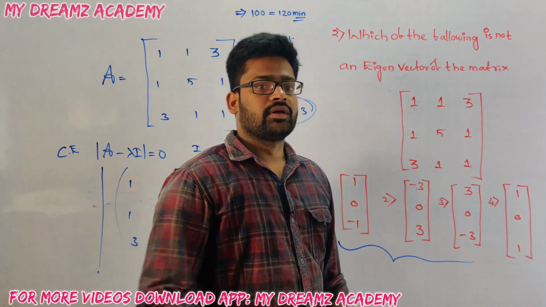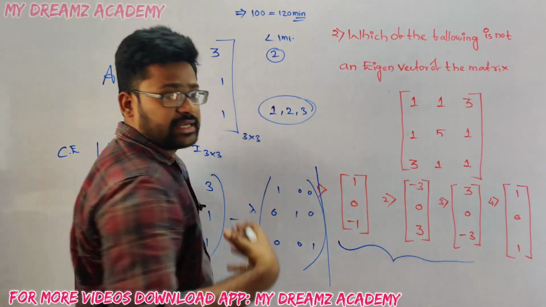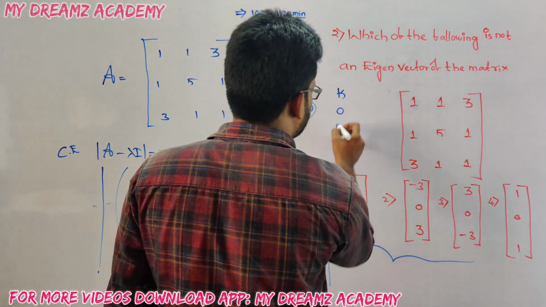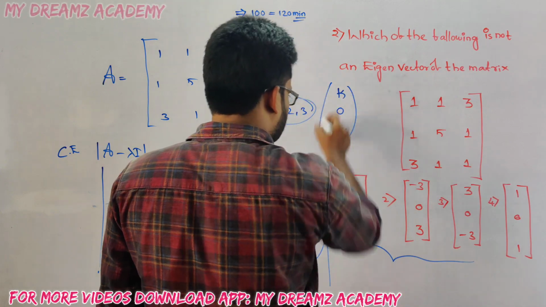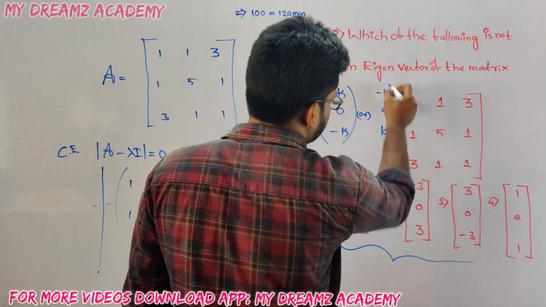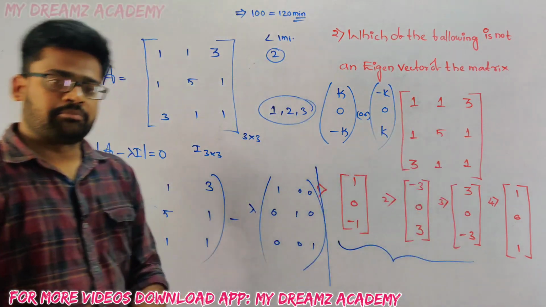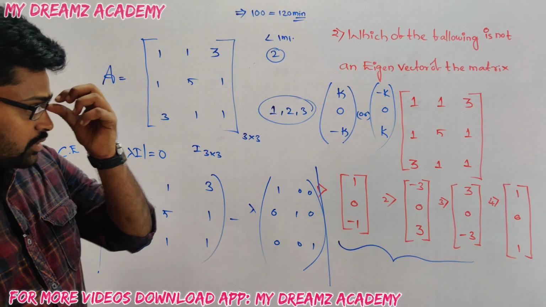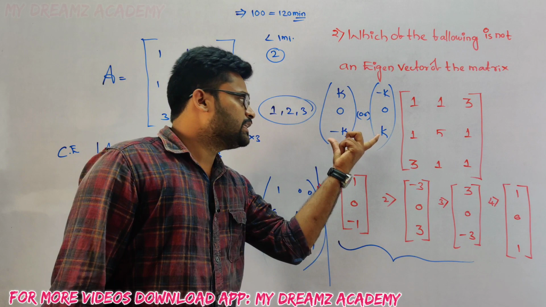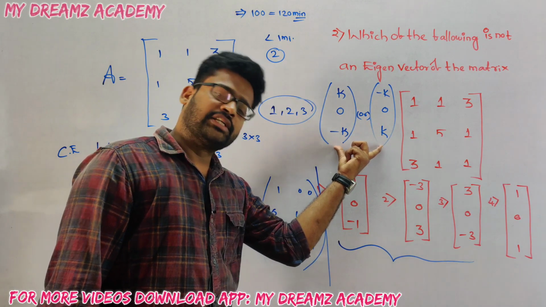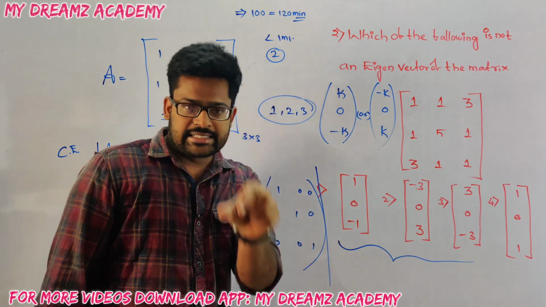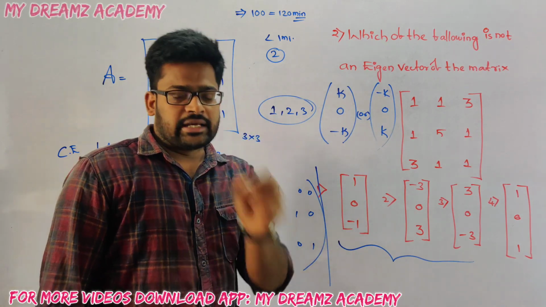So from these options I can expect my eigenvector will be like this, that is k 0 minus k or minus k 0 k. K is any number, any real number. So if the option satisfies any of this vector, then that option is eigenvector of the given question. Otherwise it is not an eigenvector for the given question.